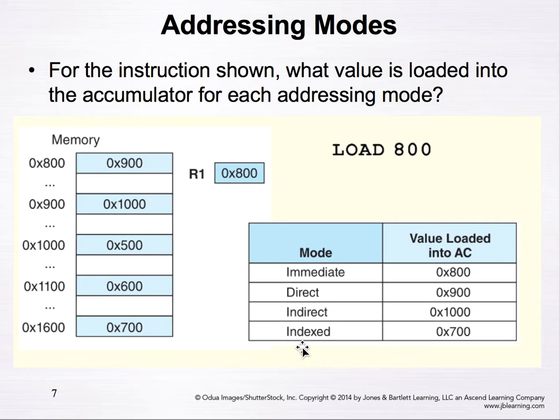The last one is the index addressing. That uses a register, either explicitly or implicitly, to store an offset address, which is added to the operand value to get the effective address. So this method is also very flexible.